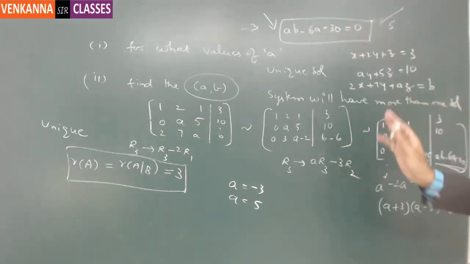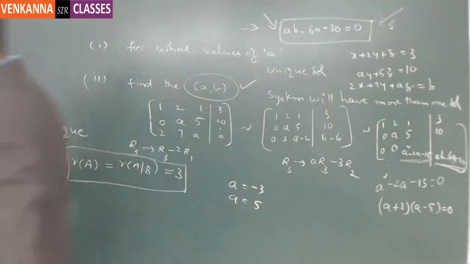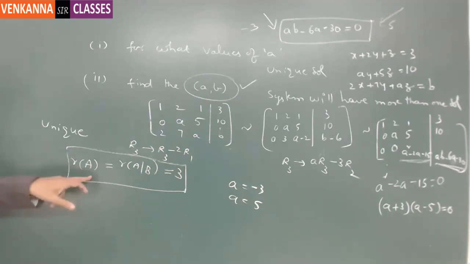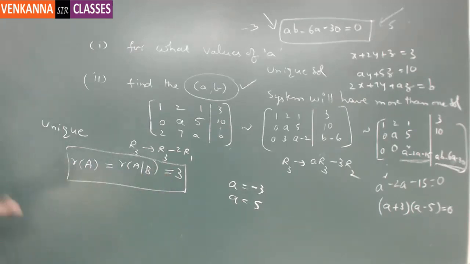In this way, we have found the corresponding pairs of a and b. So to have a unique solution, rank of [A|B] must be equal to the number of variables, 3. To have more than one solution, rank of [A|B] must be equal and less than the number of variables.